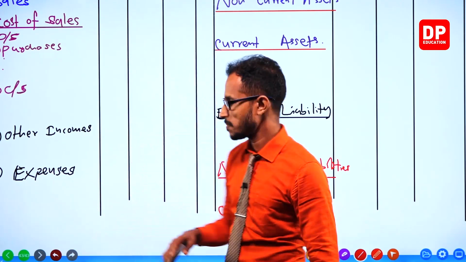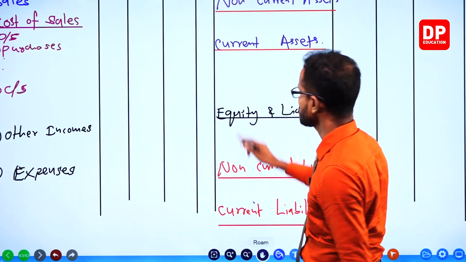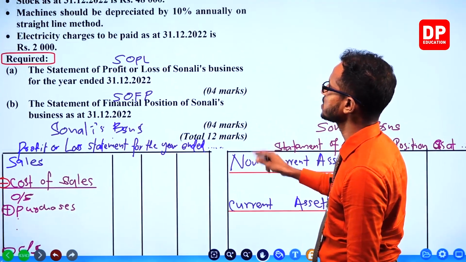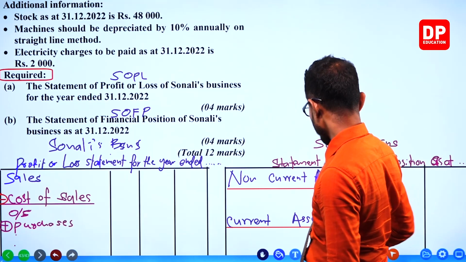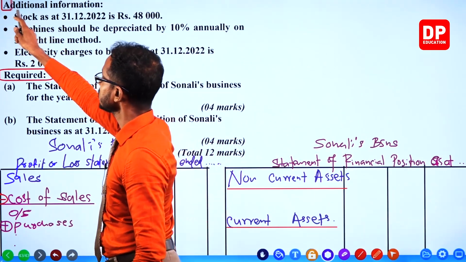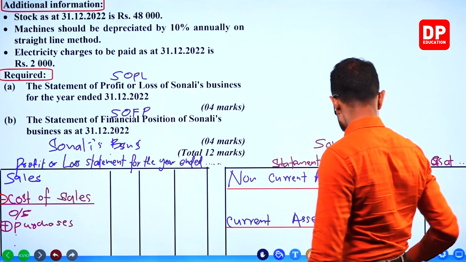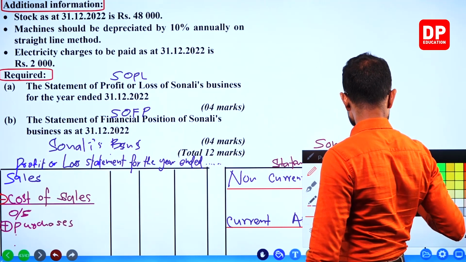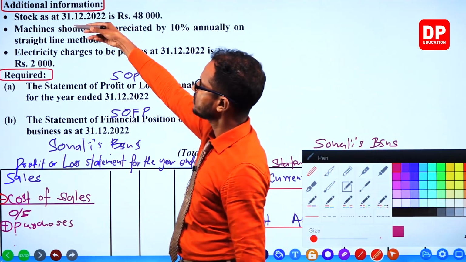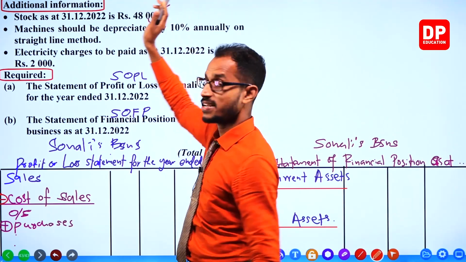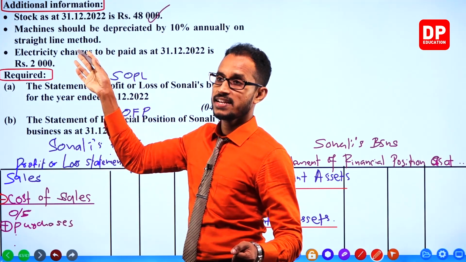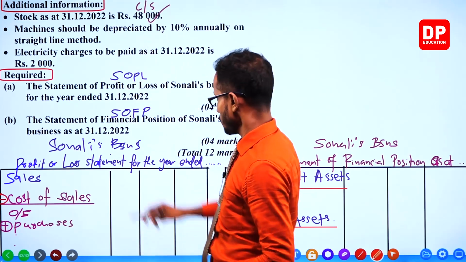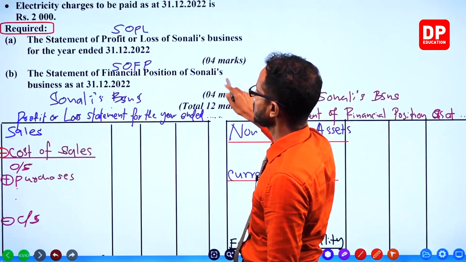Right on. Let's start with the question. You're going to start with the adjustments. Adjustments means additional information. First one: stock as at 31st December. 31st December is the end of the year. Stock at the end of the year is the closing stock. Closing stock 48,000 should be put to both statements.